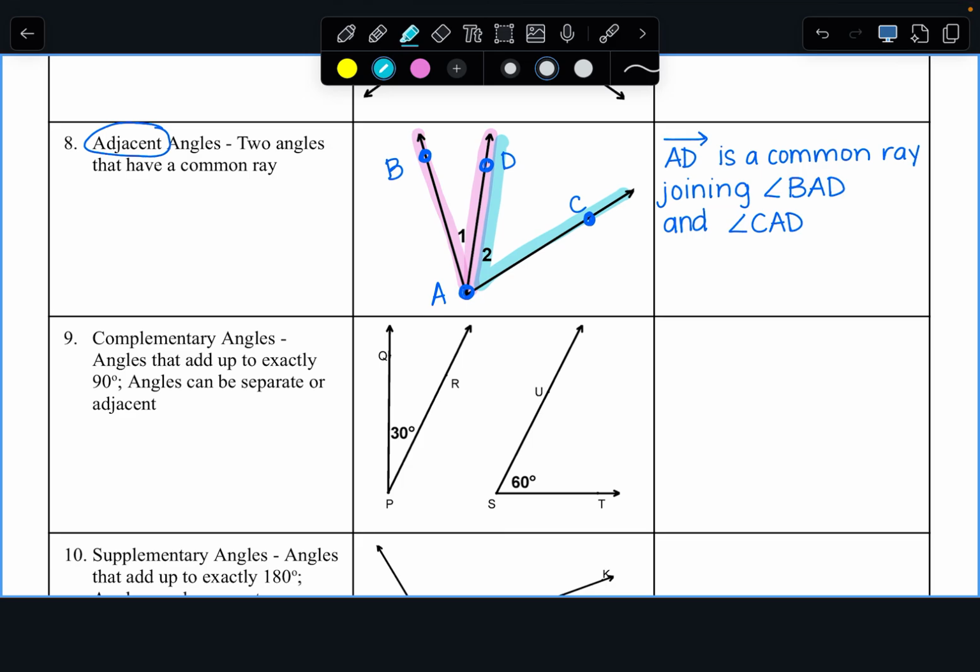Complementary angles are angles that add up to 90 degrees. They can be separate or adjacent. So the measure of angle QPR plus the measure of angle UST is equal to 90 degrees.